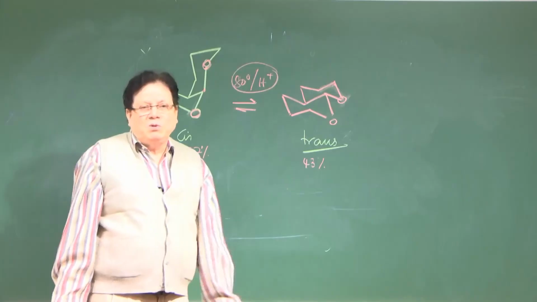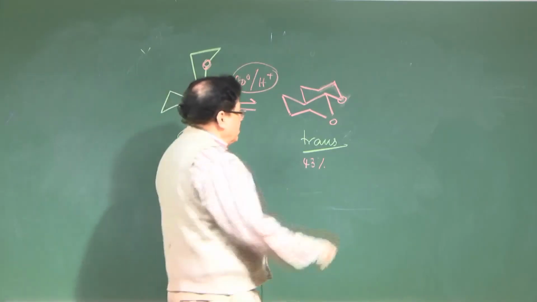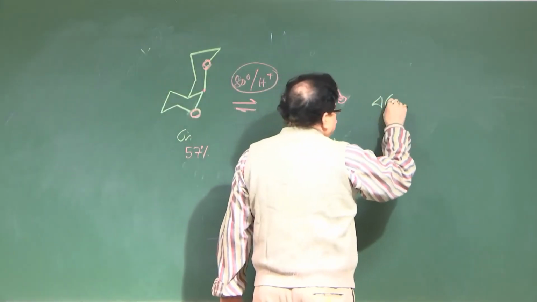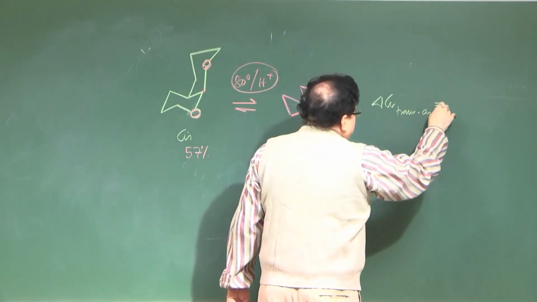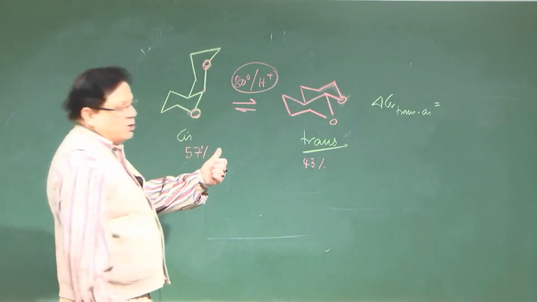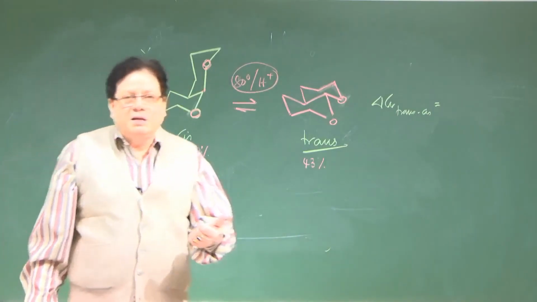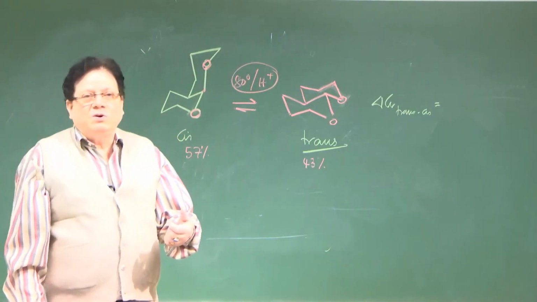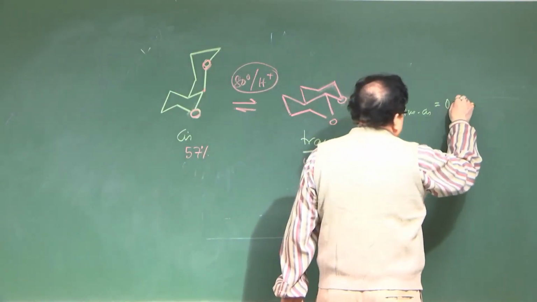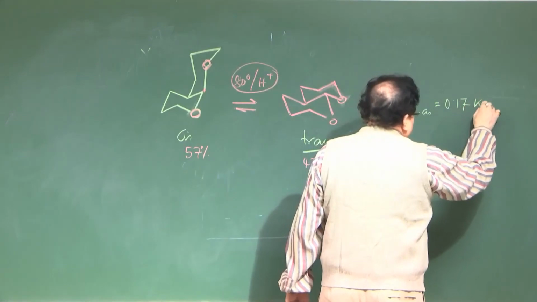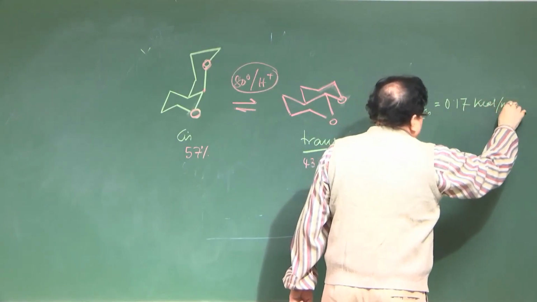The trans compound has more energy than the cis, and the energy difference between the two, trans minus cis, if you calculate from this ratio using the formula minus RT ln K equals delta G, you will find that delta G is around 0.17 kilocalorie per mole.